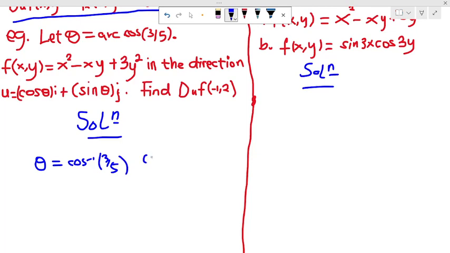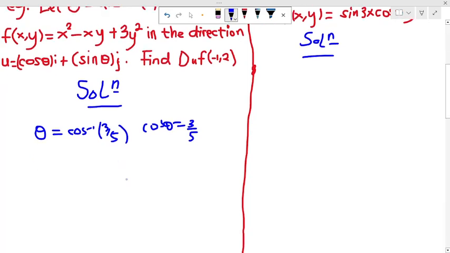That means that our cos theta is equal to 3 on 5. With this, we need to find our sin theta as well. So we can draw a simple right angle triangle. Let's say our theta is here. Our cos from SOHCAHTOA is adjacent over hypotenuse. So our adjacent is 3 and our hypotenuse is 5.